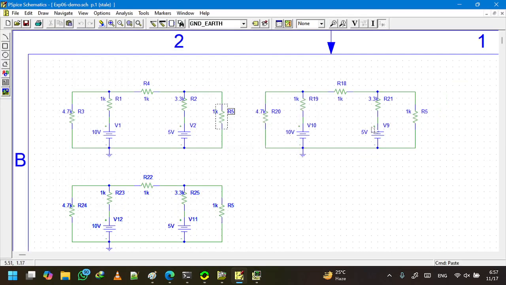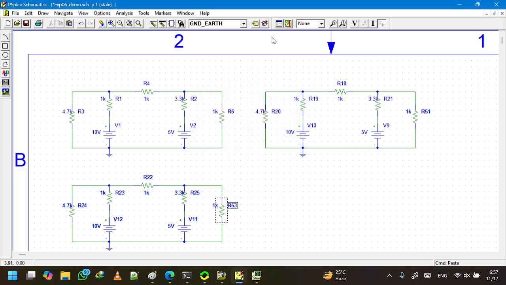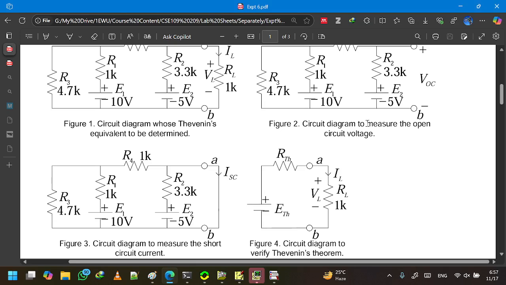So we just need to change the names. If this is R5, let's make it 5.1, 5.2 and 5.3. Now let us save again and simulate. Now everything is good.